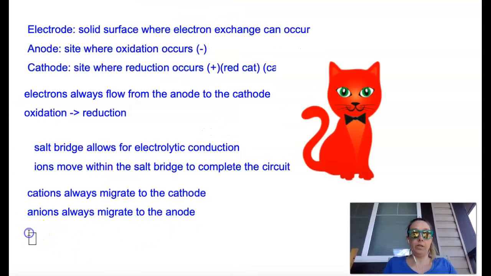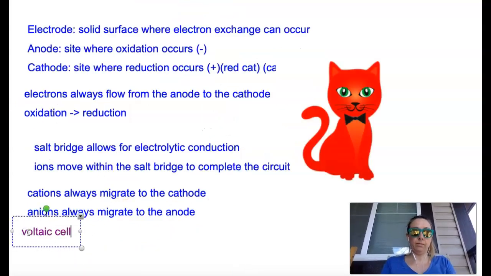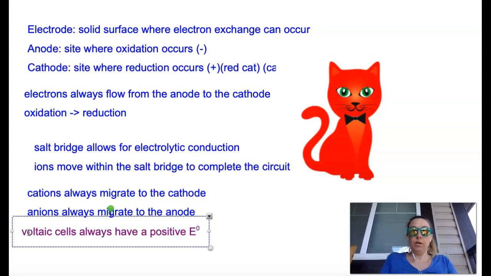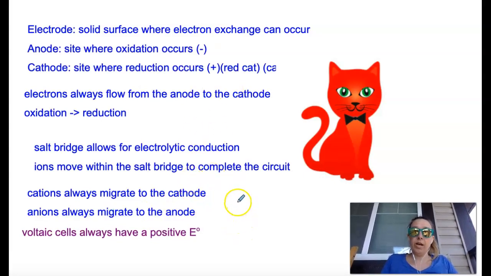Okay, so you can say voltaic cells always have a positive E naught. And that's because we're always going to have that situation where that OA is above that RA.